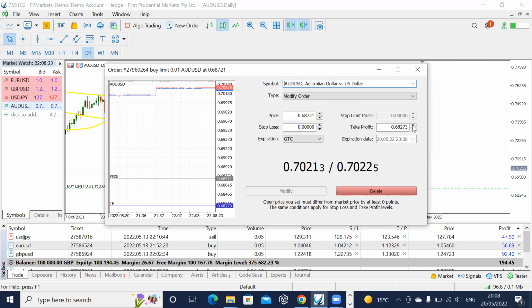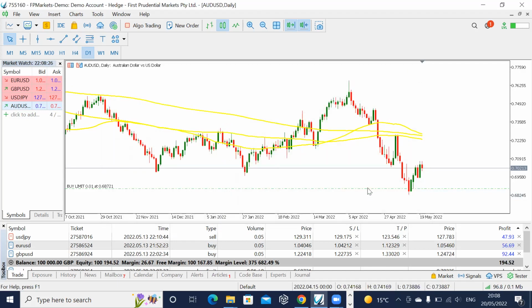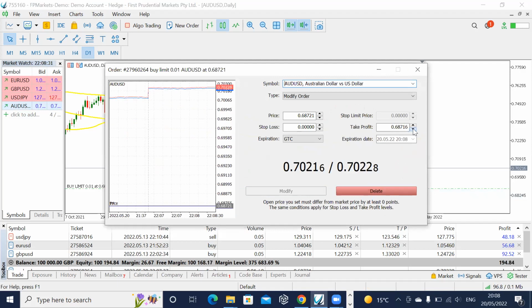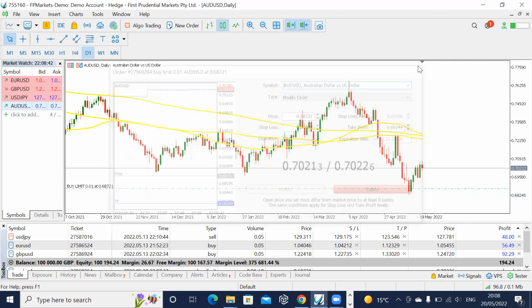Why is it not showing? It's not showing modified. Did I put sell there?